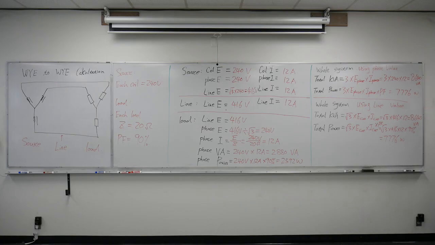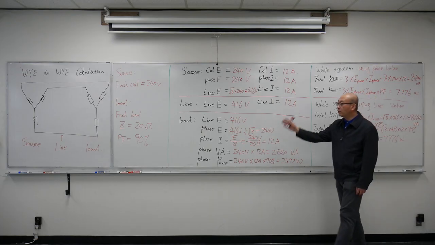So when you're calculating a three-phase system, if you have the time, you always want to do the calculation using the phase value and using the line value. If the two calculations give you the same value, you're 100% right with your calculation. If the two different methods give you different values, you better check, you might have made some mistake.